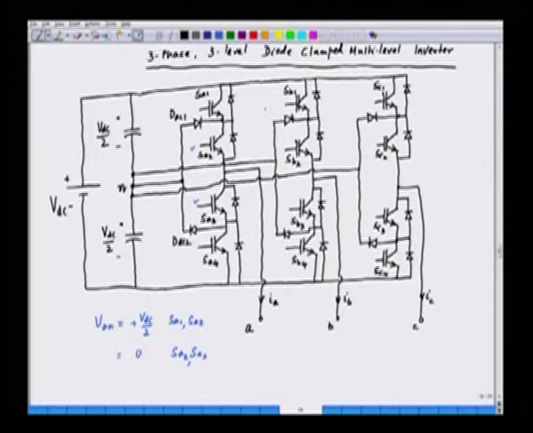Similarly, we can call this DBC1, phase B clamping diode 1, and this is DBC2, the clamping diode 2 for phase B. Similarly, this is the clamping diode for phase C, upper diode DCC1, and DCC2, the lower diode. So, the clamping diode helps connect that point to the neutral point N of the power supply, and hence we can have a 0 voltage.